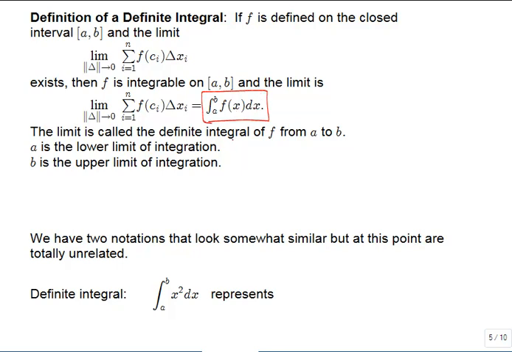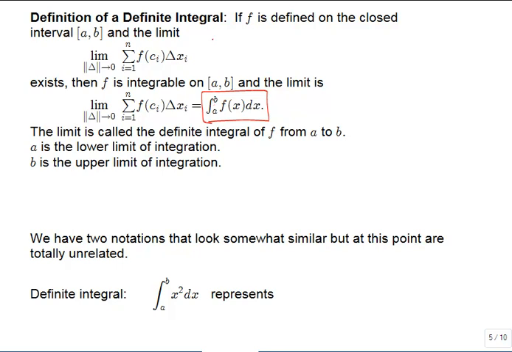So this is called the definite integral of f from a to b. It looks just like an indefinite integral, except now there are bounds. a is called the lower limit of integration, and b is called the upper limit of integration.